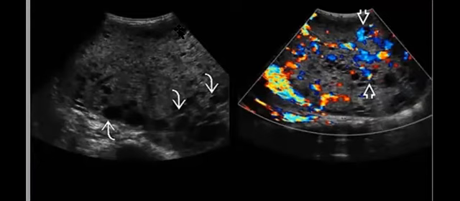Multilocular cystic mass. So you can say solid and cystic. Yeah, there is some cystic component and there is a large solid component. And inside this solid component there is another smaller cystic component. And what about the color?